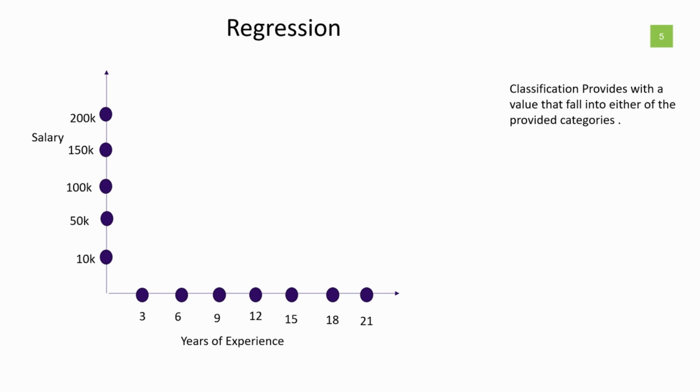However, in regression, we try to predict the result by observing the relation between two or more variables. For instance, in this example, I have taken years of experience and salary. Obviously your salary increases with the number of years of experience, right?